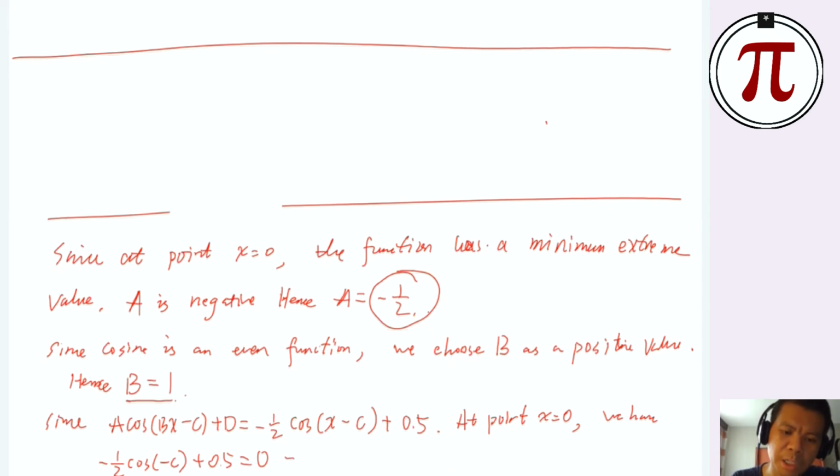So this implies cosine of negative c equals simply 1, right? Is that right?